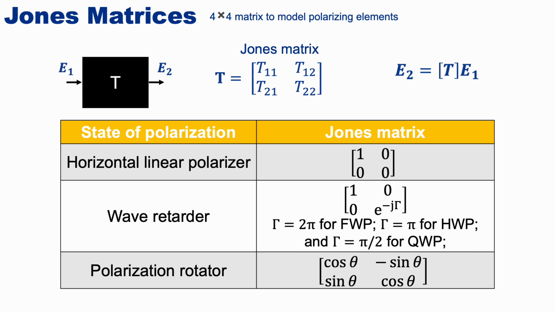But if we want to break it down, at the output the x component is going to be related to the first row of the Jones matrix with our Jones vector of the input component, and then the y component of the output is just the multiplication of a matrix with an array, something that you should already be familiar with.